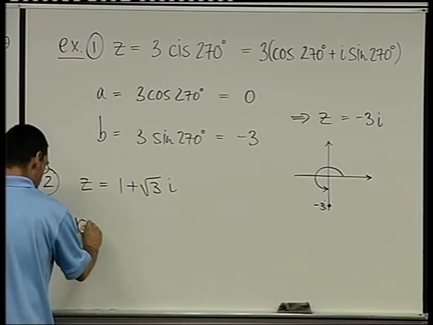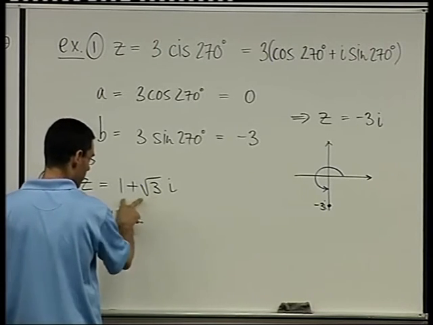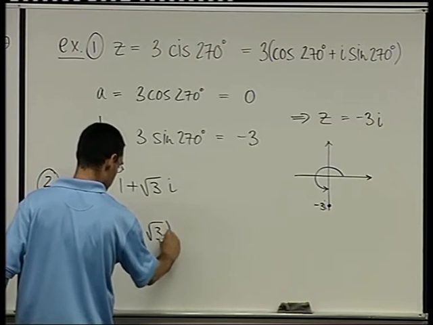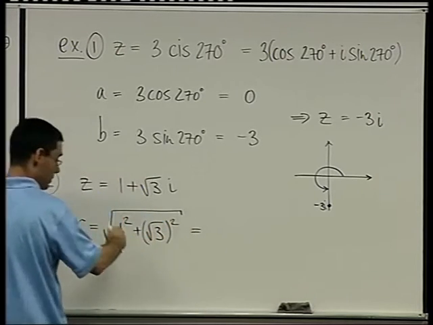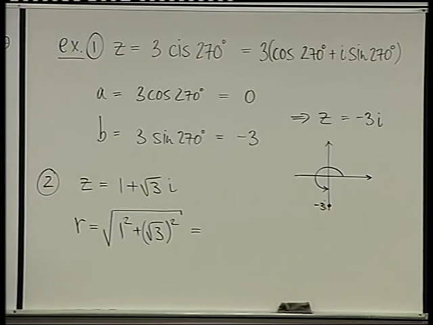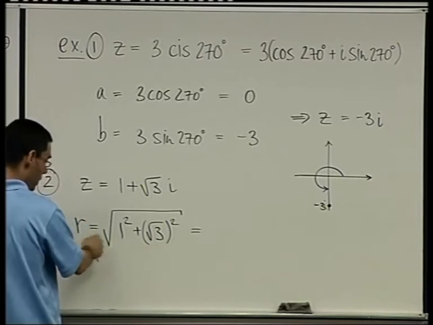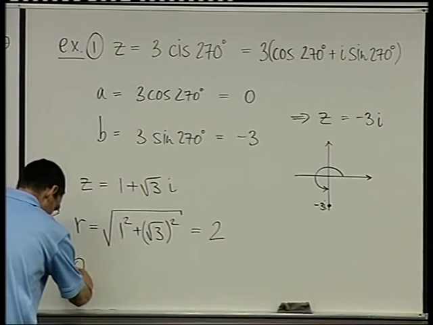So r is the modulus. So it's the root of the squares of a and b. 1 squared plus root 3 squared. Right? I hope you've had the opportunity to practice a bit and get used to this. So it's 1 plus 3, which is 4, root, r is just 2. And what is theta?